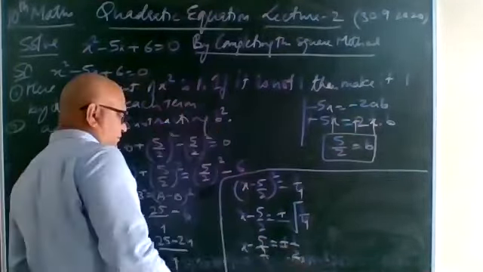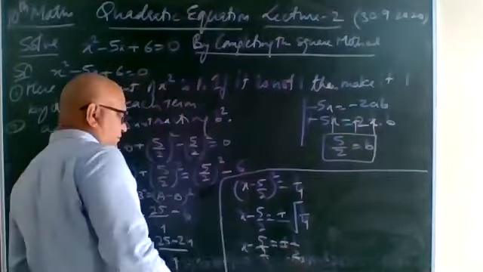Then x minus 5 by 2 equal to 1 by 2, or x minus 5 by 2 equal to minus 1 by 2.